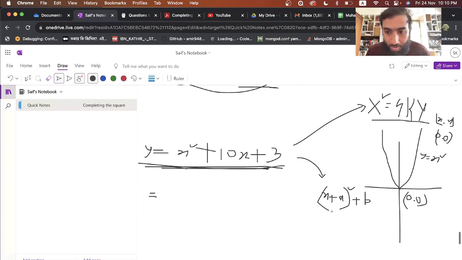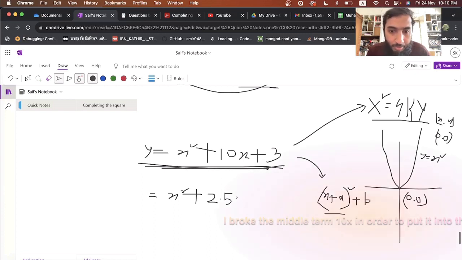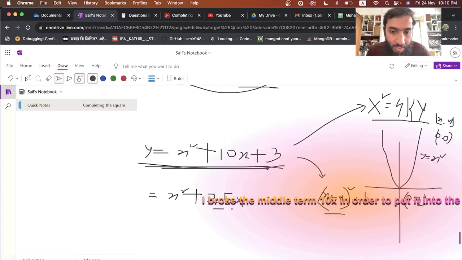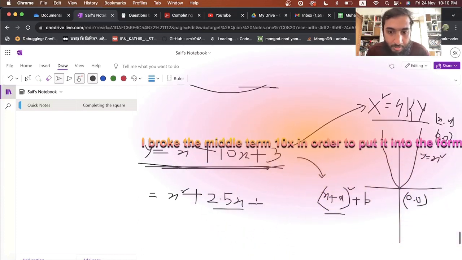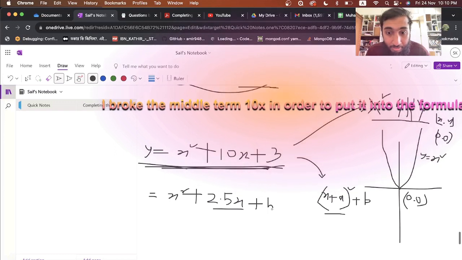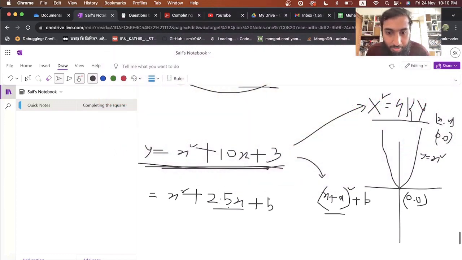So if I use the formula of x plus a whole square here, x square plus 10x, I will write 2 multiplied by 5, because 2 multiplied by 5 is 10. This matches 10x, plus, because I used 5, I have to write 5 square, and 5 square is 25, but here is plus 3, so I have to subtract 22.